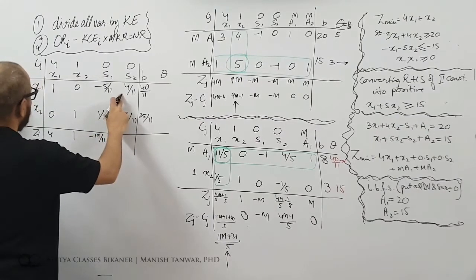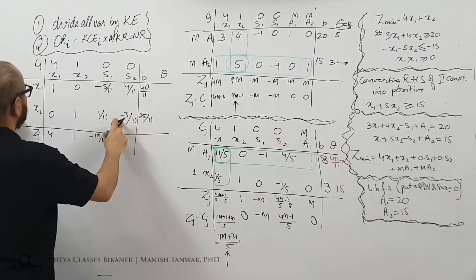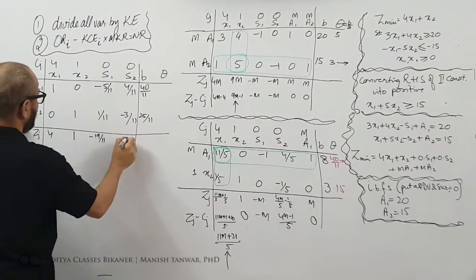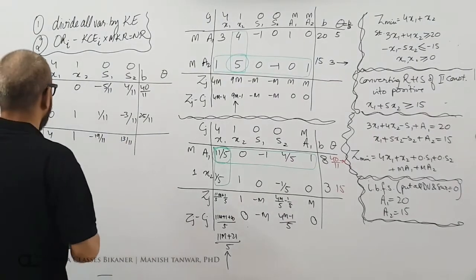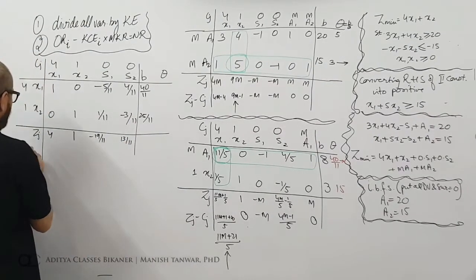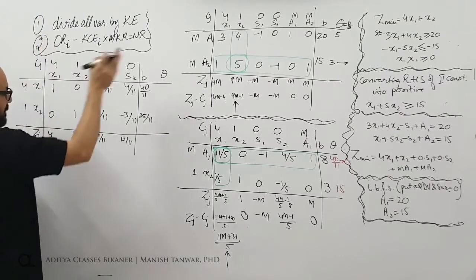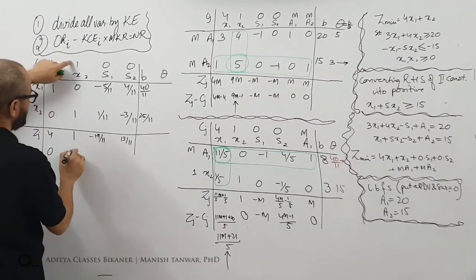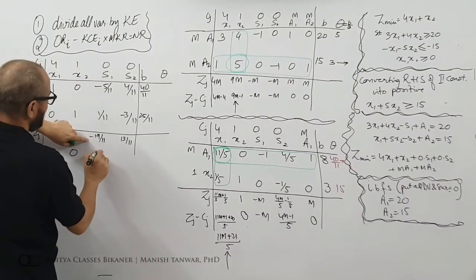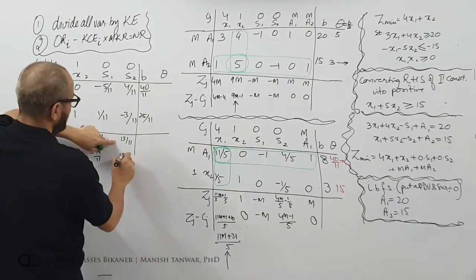And then this would be 16 minus 3, 13 by 11. Next, if we find out Zj minus Cj, because we are solving minimization problem, 4 minus 4 is 0, 1 minus 1 is 0, minus 19 by 11 minus 0, 13 by 11.